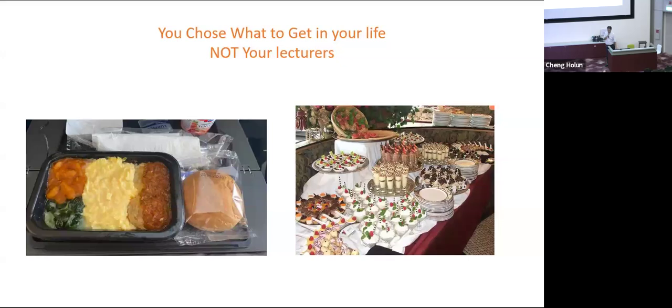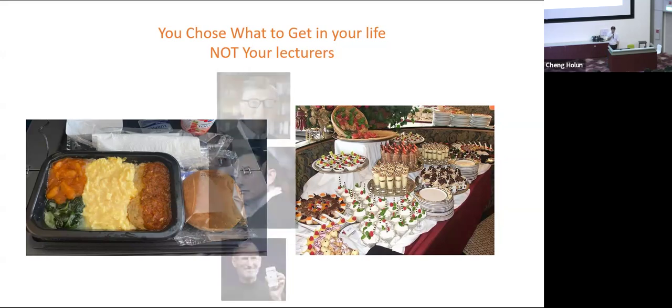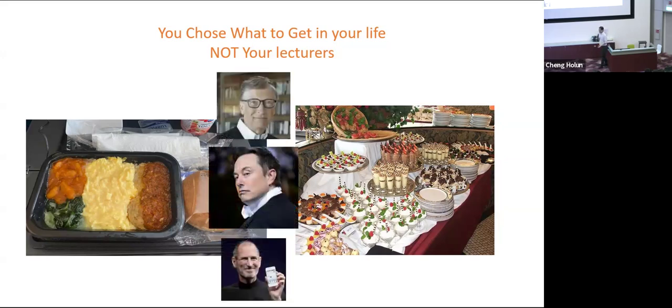So what do you want to choose? Do you want to choose the buffet or the airplane? It's nothing wrong, okay? But think about all these famous people, what did they choose? Did they take the school and then take the A? At least I know Steve Jobs and Bill Gates dropped out of school.